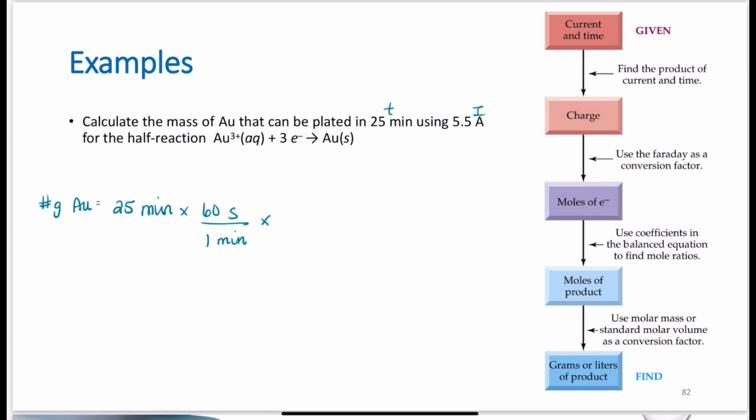I know that 5.5 coulombs are transferred per second, because that's what my current's telling me, right? So let's see what we've canceled out now. We've canceled out our minutes, our seconds, we've got coulombs. I know that 1 mole of electrons is transferred for every 96,485 coulombs of charge.